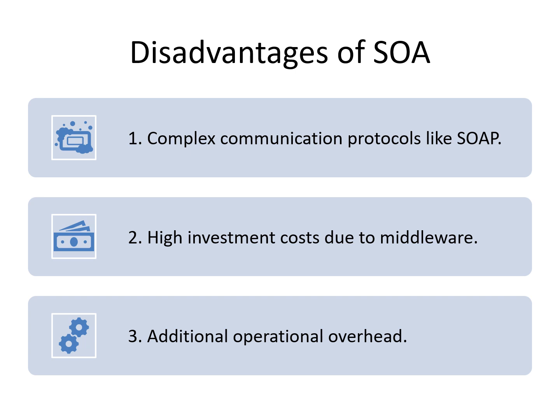High middleware cost: ESB is typically a commercial product such as Oracle ESB. These are not open source and require significant investment to purchase, configure, and maintain. Additional overhead: ESB adds an extra layer to the communication process. This increases latency and can complicate the architecture unnecessarily for smaller projects.